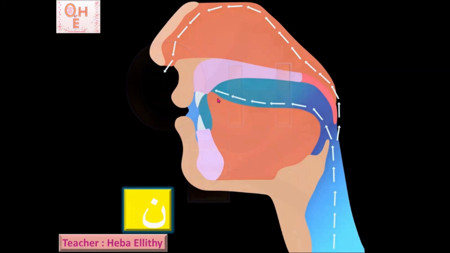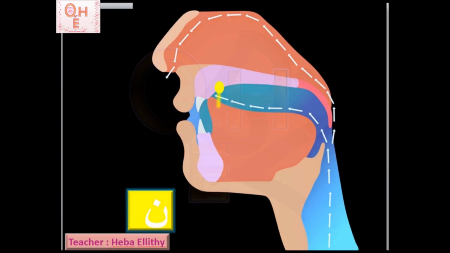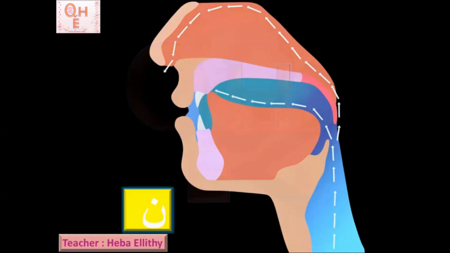Second mistake I heard from non-Arabs too, which is when they say this. What's the problem here? They hit this area with their tongue. The tip of the tongue hits here instead of the gum, which is wrong.